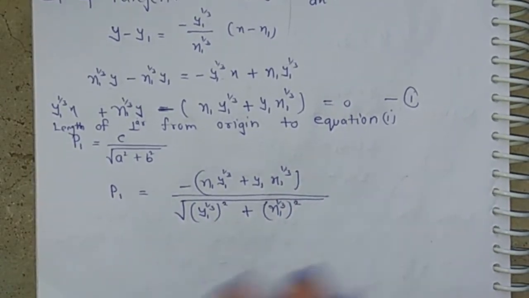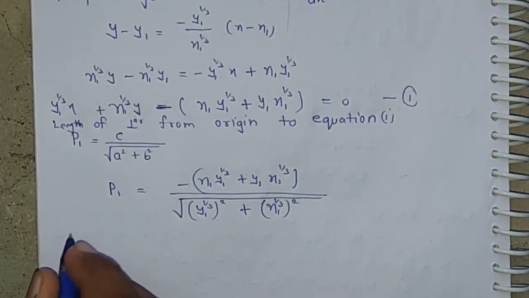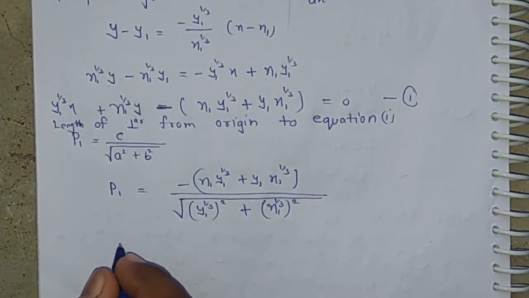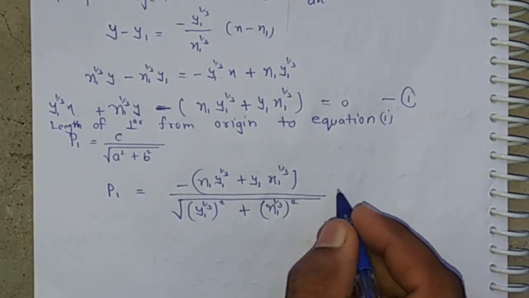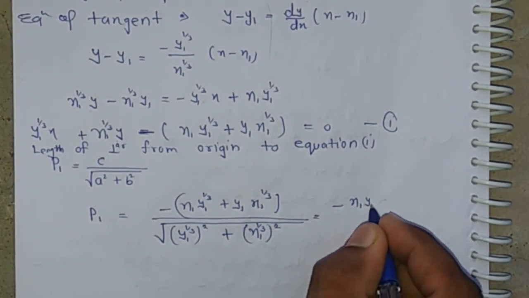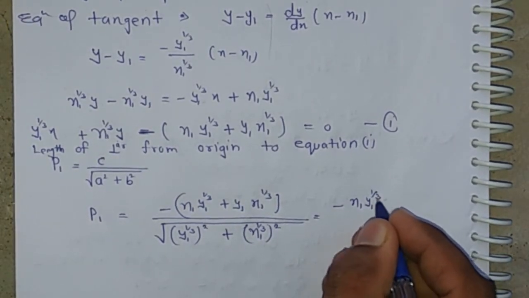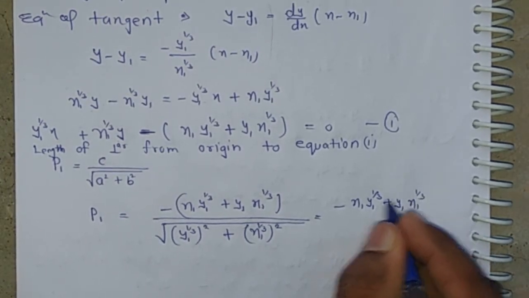It is the value of P1. Now you can write it as minus x1 y1 to the power 1/3 plus y1 x1 to the power 1/3.